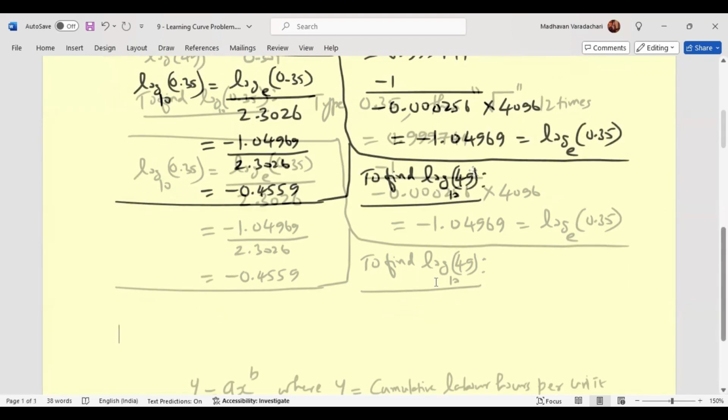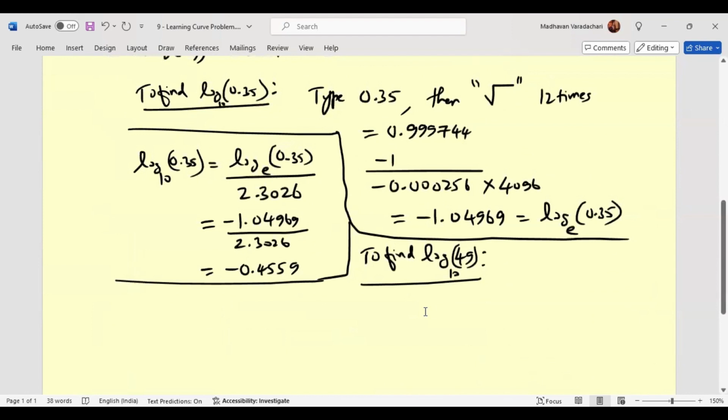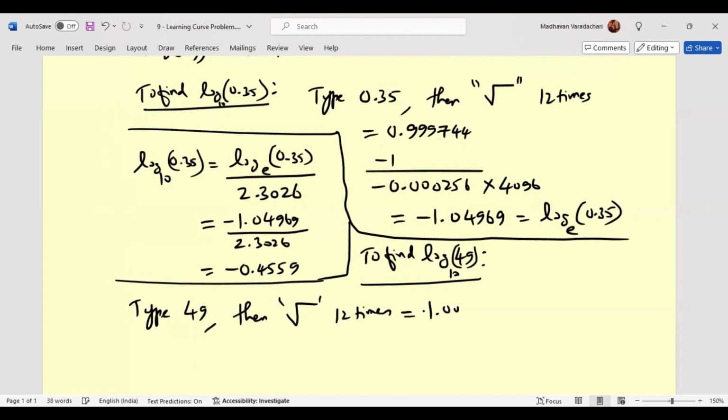Same procedure. First we have to type 49 in our regular calculator. Then press the root symbol 12 times. When we do that, we get a result 1.00095.